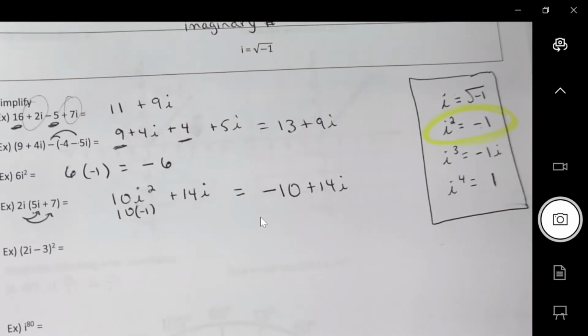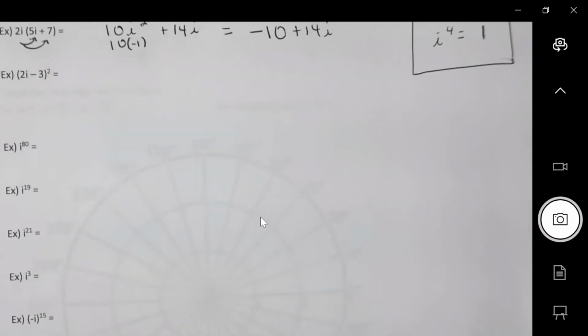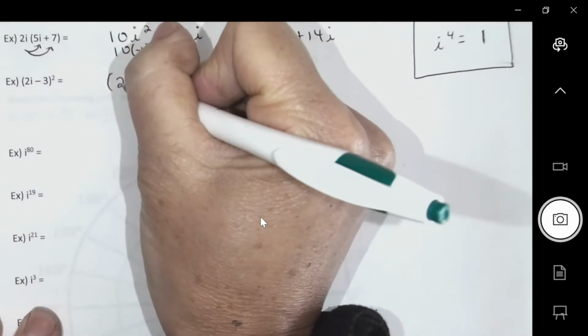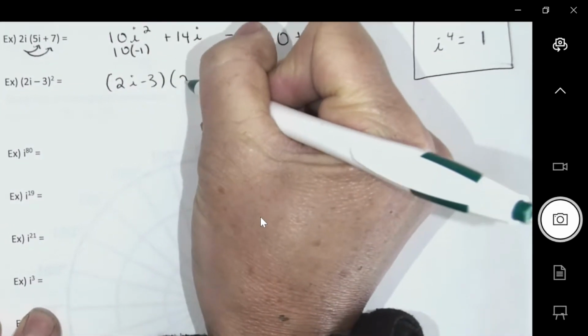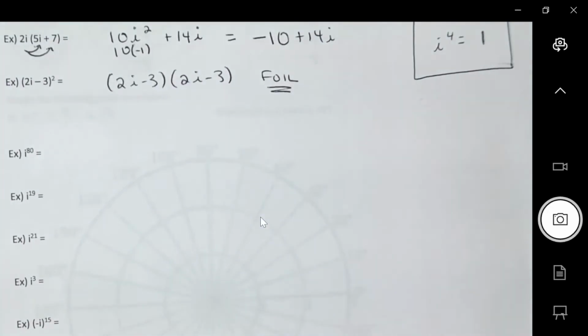Okay, squaring something, try not to cheat and shortcut yourself here. When you square something, you're going to want to repeat it and FOIL it all. So squaring a binomial, that's what you're going to do.